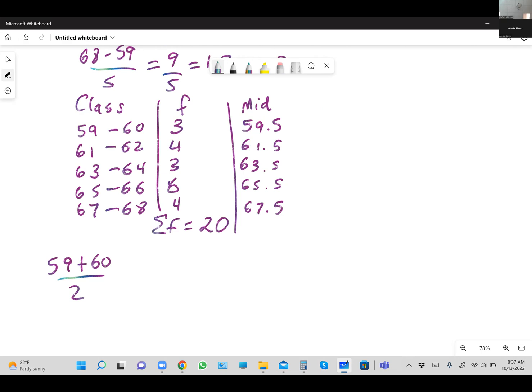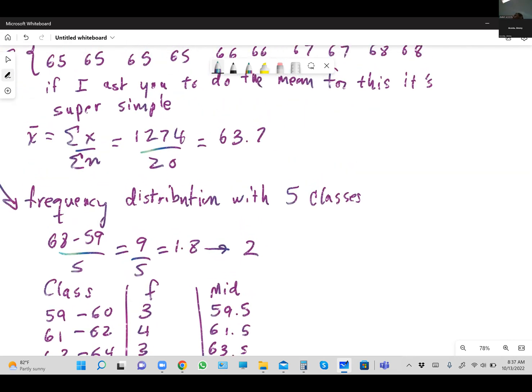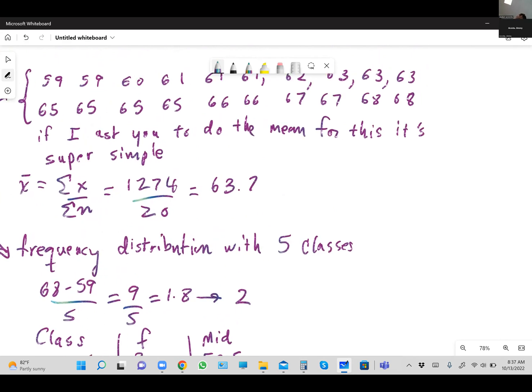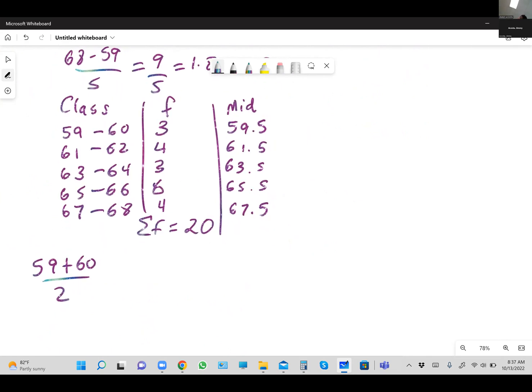So what you're saying now is I can't rebuild my original numbers. I can't ever know that the first class was composed of 59, 59, 60. But I can say that 59.5 happened 3 times. I can say that 61.5 happened 4 times.